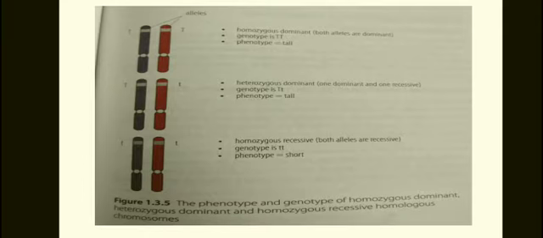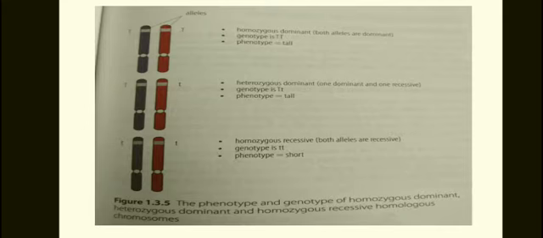What is the characteristic that is being studied here? The characteristic that is being studied here is height. So let us say one of the parents is homozygous dominant for tallness, or height.